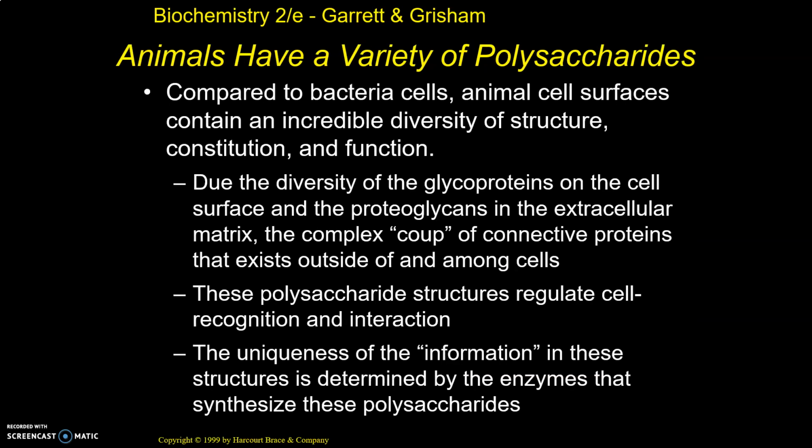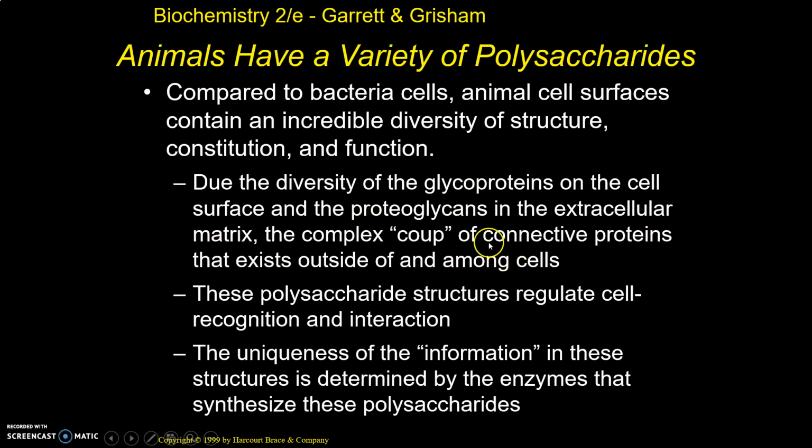Okay? And so let's talk about animals in general. So animals, they have a variety of polysaccharides. When you compare to bacteria, animal surfaces just have more diversity. We have more diversity in our structure, in our composition, in our function. And the reason we have so much more diversity than, say, bacteria cells is because of all the glycoproteins on our surface and the proteoglycans that make up our extracellular matrix.